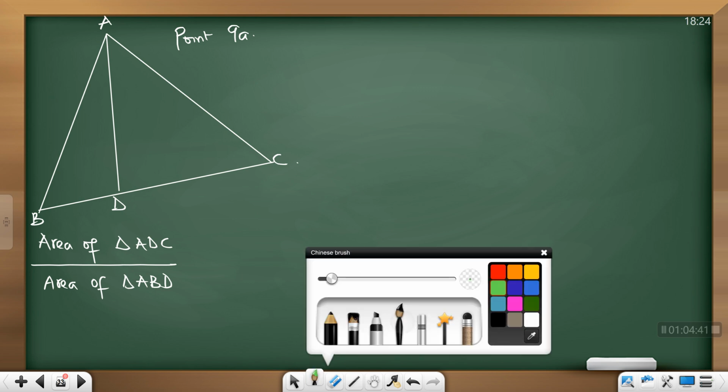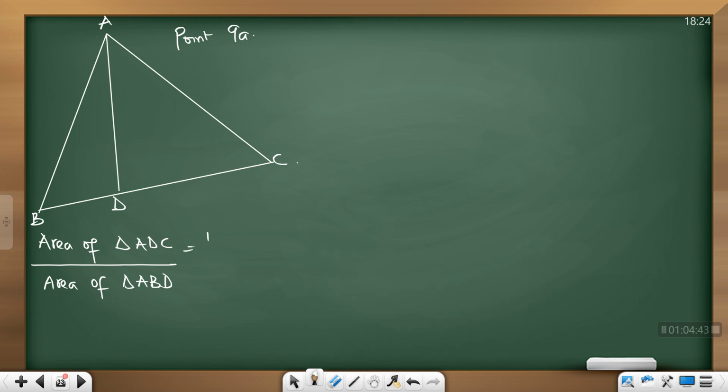So I don't even need to bother about the value of the height. I am just going to come here and say half, what's my base? AD multiplied by the height. I don't know what the height is, I don't care. Half AB multiplied by the height. No, wait. Half base, I'm using the wrong letters for the base.